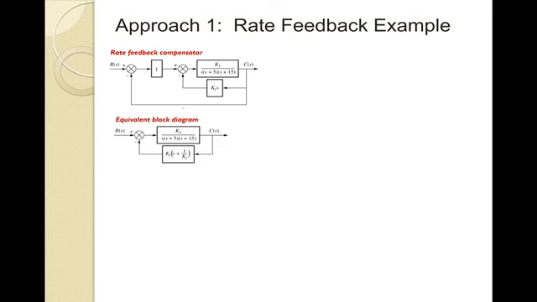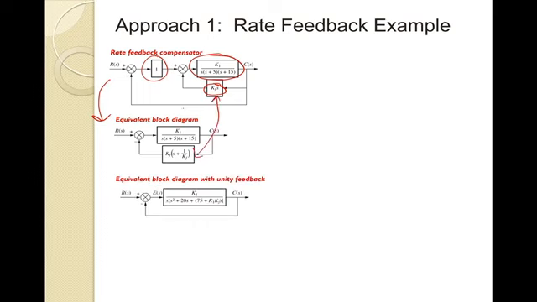Now we're going to look at our rate feedback compensator, and here's the example we can do. Given our system, we can draw an equivalent block diagram as shown right here. Notice that when I combined this Kf of s with this term right here, I get this equivalent block diagram, and this Kf s plus 1 over Kf, essentially these are equivalent to each other.